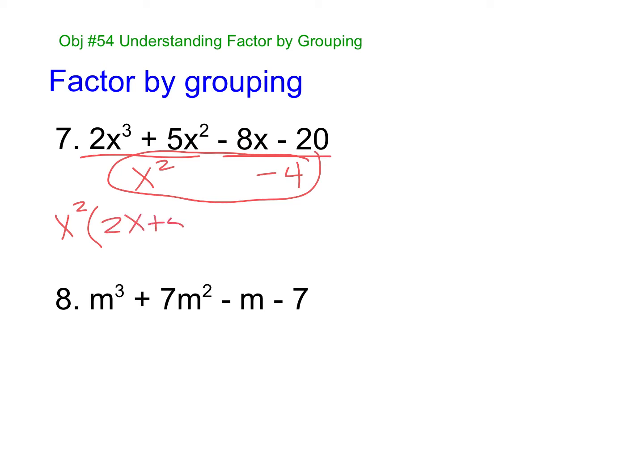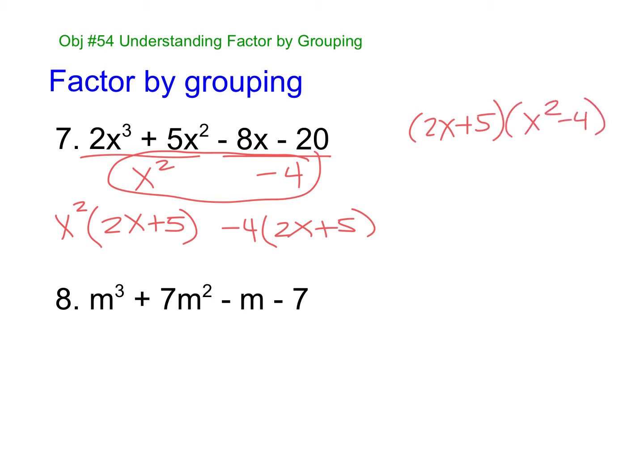So we get 2x plus 5, and then 8 divided by 4 is 2. Negative 20 divided by negative 4 is 5. So it does end up working. So we got that 2x plus 5 and x squared minus 4. And then x squared minus 4 is a difference of squares. So x plus 2, x minus 2.